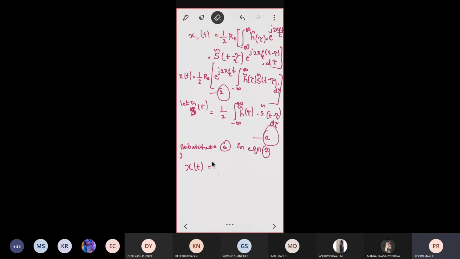So what will be this expression? Real part of s tilde of t into e to the power of j 2 pi fc t. You can call this equation B.